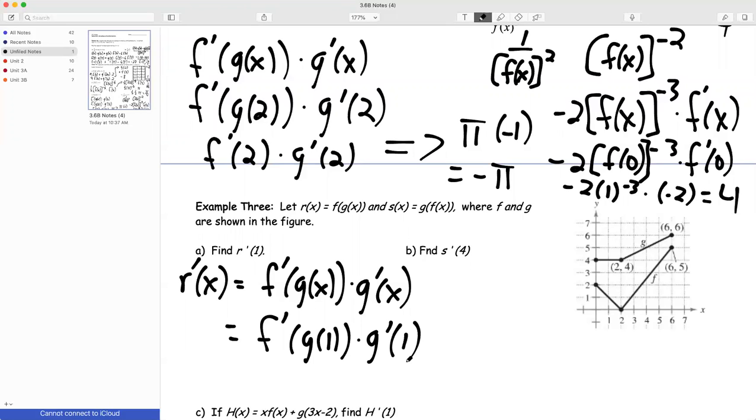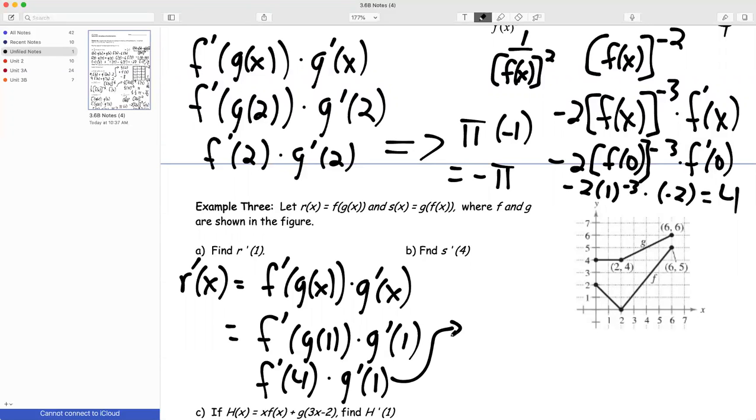They give me a chart and ask me to interpret them. All right, so I need g of 1. So go to your g line, and when x is 1, y is 4. So that's going to leave me with f prime of 4 times g prime of 1.